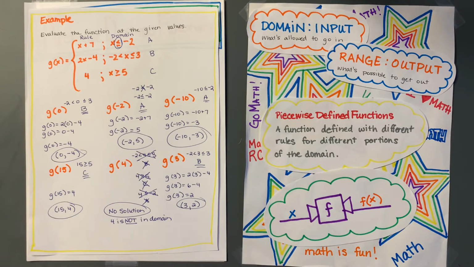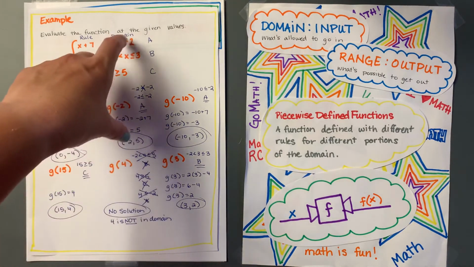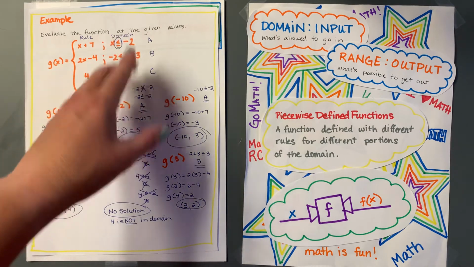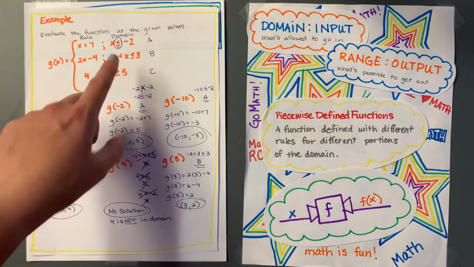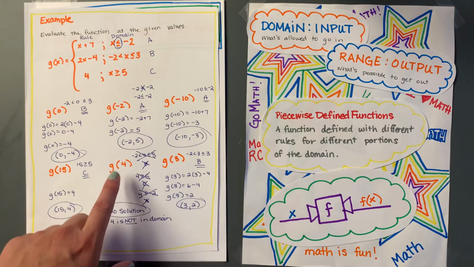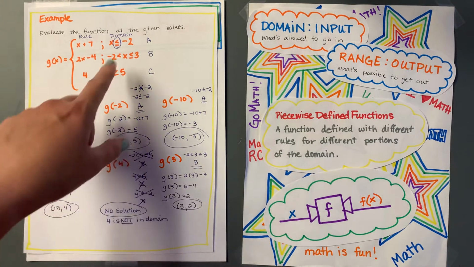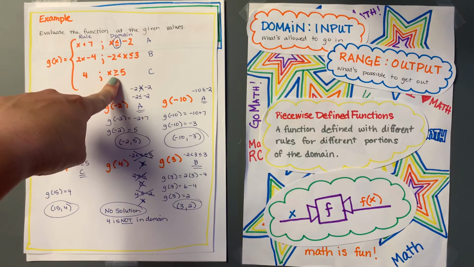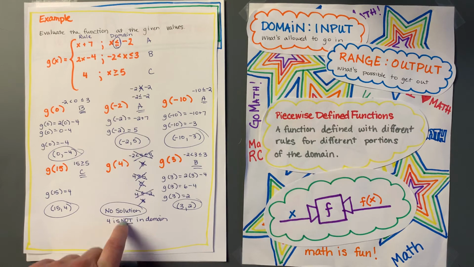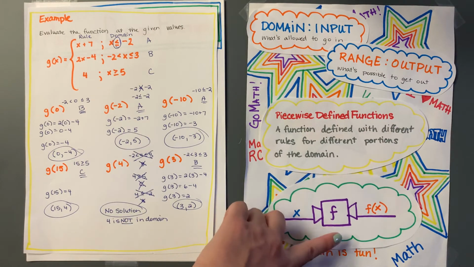As we are working with piecewise defined functions, we need to be checking the domain to see which rule we will follow, if any. If our input does not fall within any of the given domains, there is no solution. It can't go into my function.